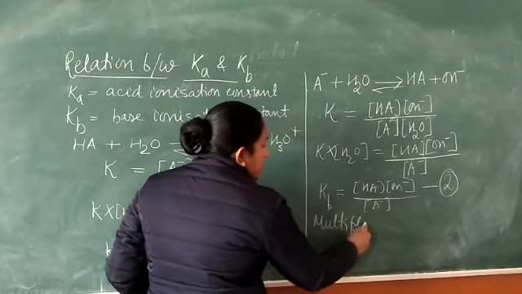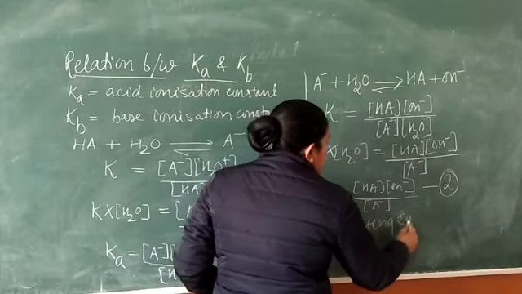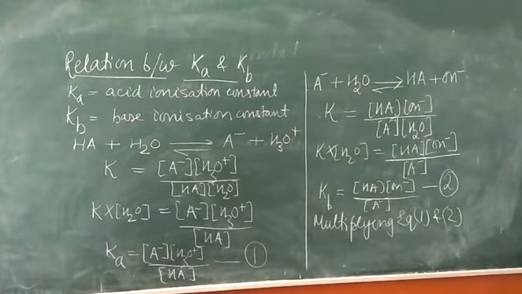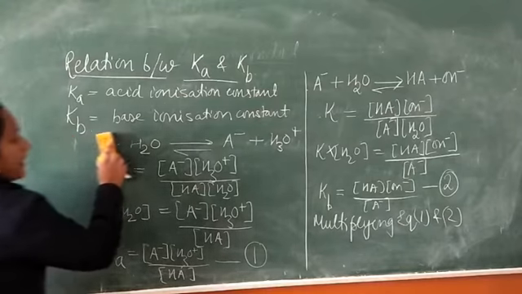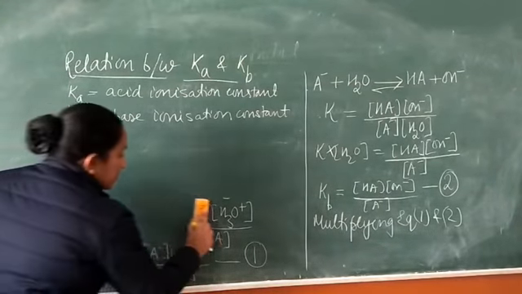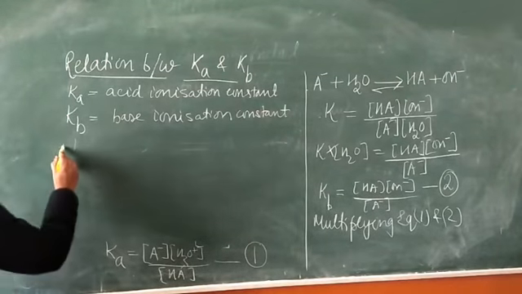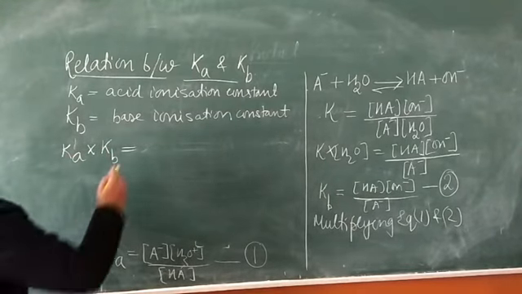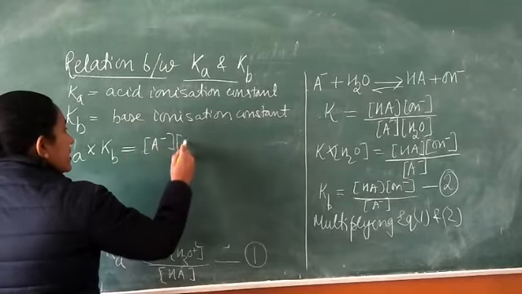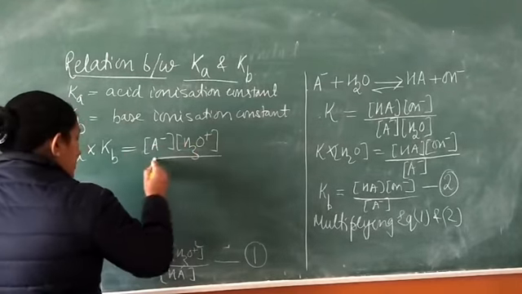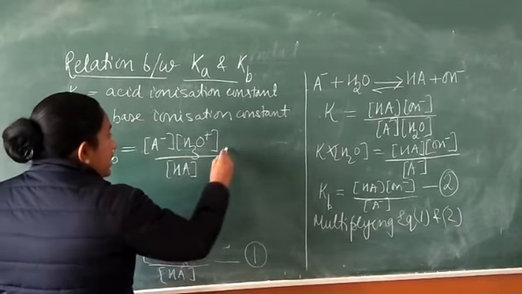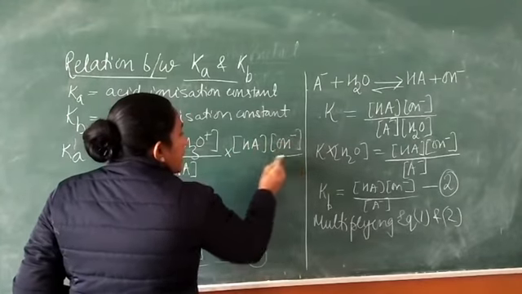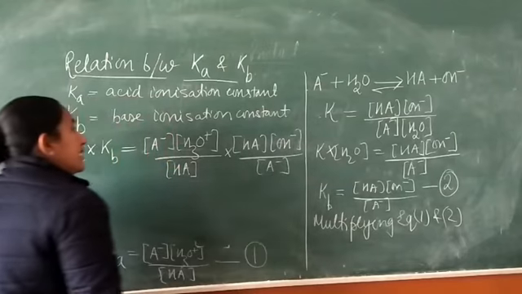Right? Just get these two equations multiplied. So multiplying equation 1 and 2. So it is Ka into Kb, that is LHS with LHS and RHS with RHS, A negative, H3O positive upon HA multiplied by HA OH negative upon A negative.